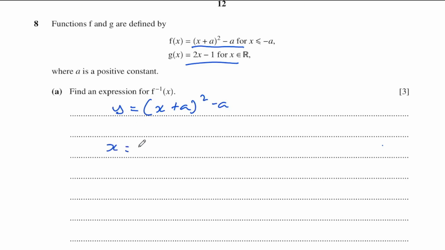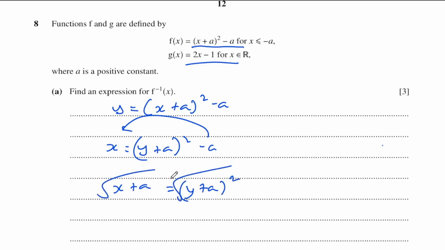X equals y plus a squared minus a, and then make y the subject. So take this to the other side. X plus a equals y plus a squared, and then square root. So square root of x plus a equals y plus a, and then you're going to just subtract a. So square root x plus a minus a equals y.